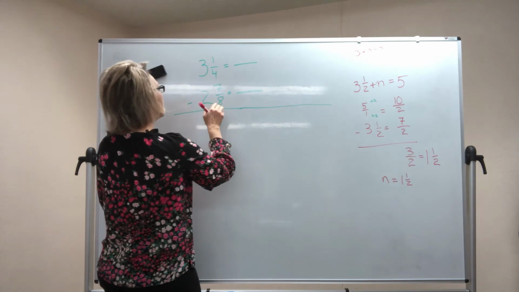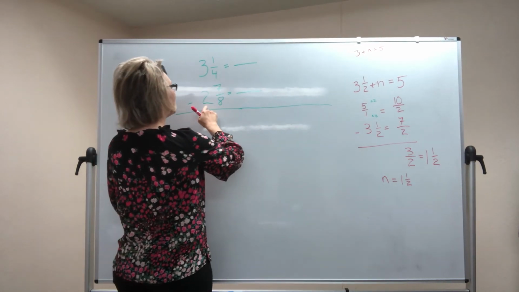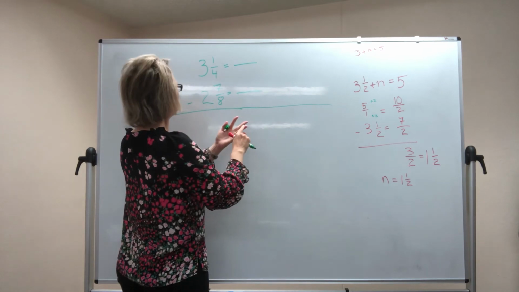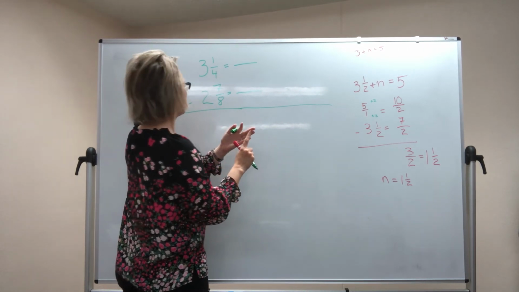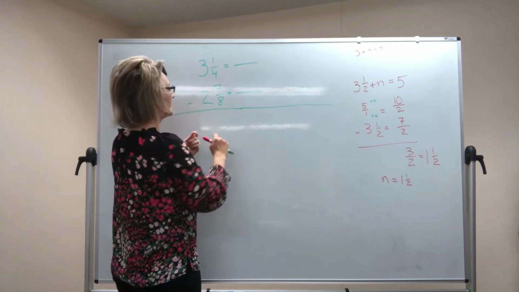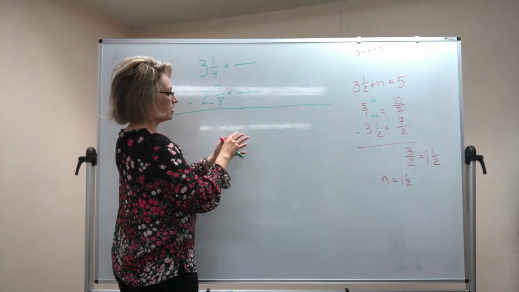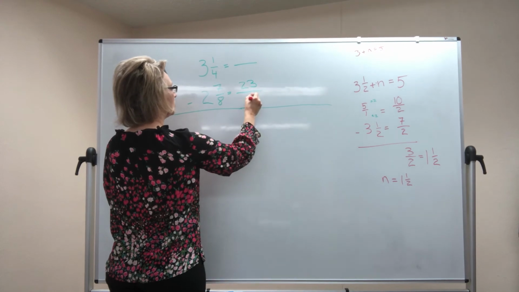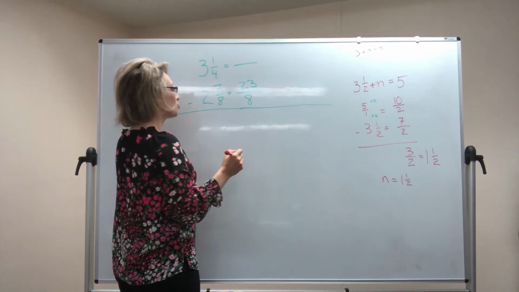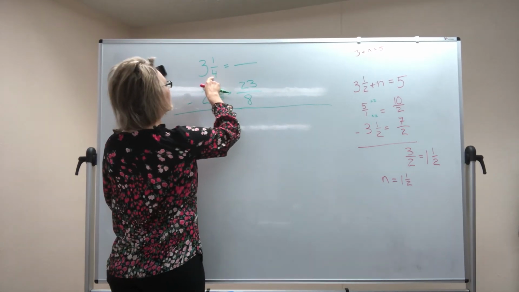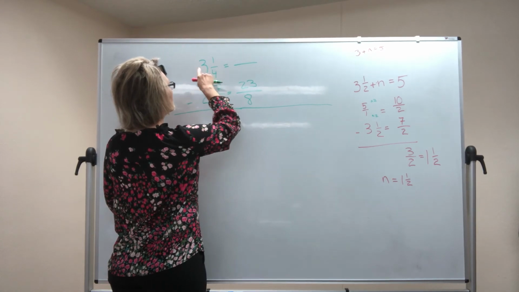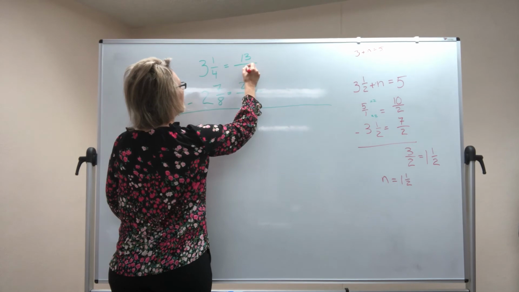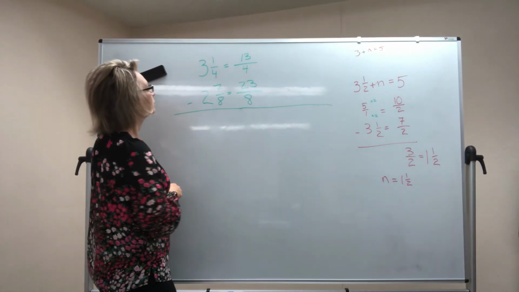All right. 8 times 2 is 16, plus 7 more, 16, 17, 18, 19, 20, 21, 22, 23. Counting on my fingers, I must be really tired. Okay, 23/8. This top fraction, 4 times 3 is 12, plus 1 is 13. And we put it over 4. Okay?